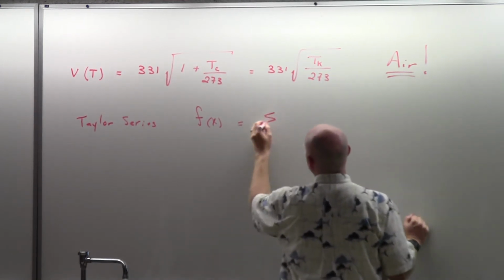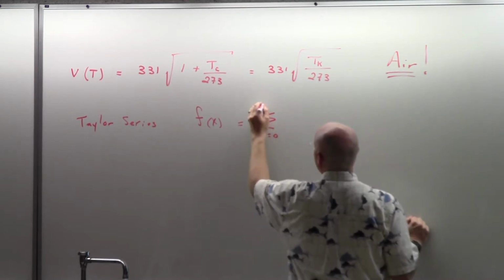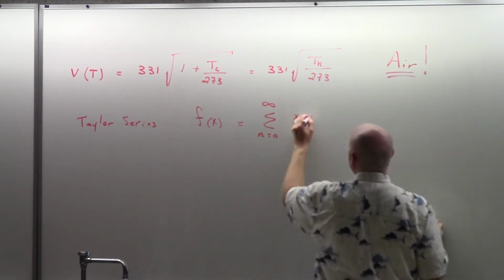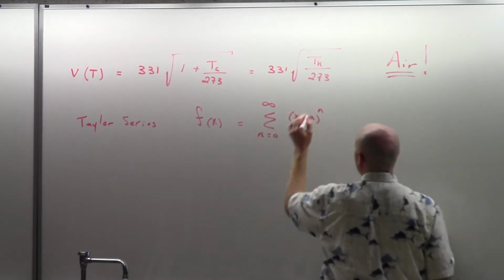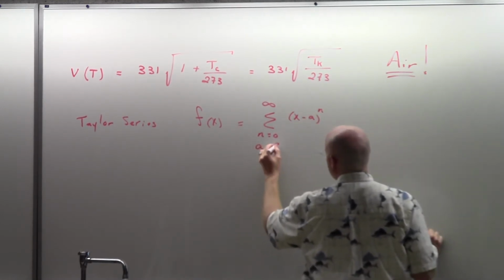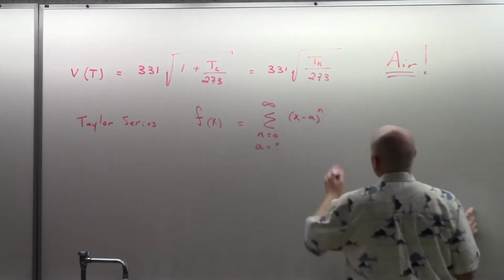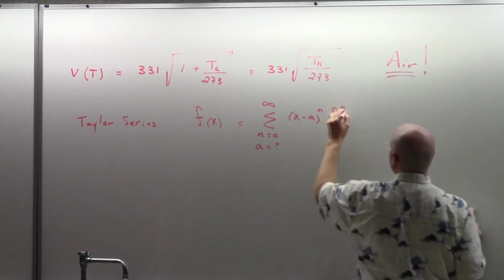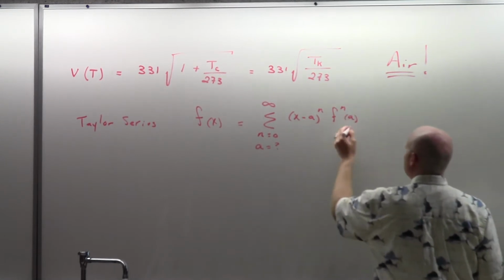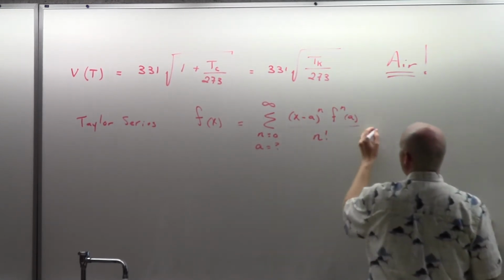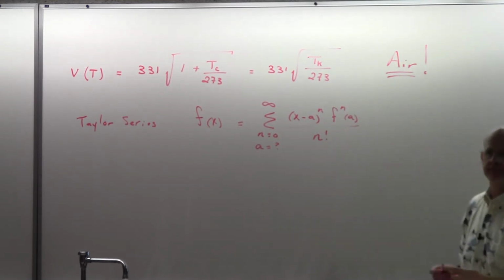It would be an infinite sum of n going from 0 to infinity. Here's the polynomial. You have to pick some value of a, any value you want, as long as the function is continuous at that point. You would then take the nth derivative of the function evaluated at the point a. And so this would be an infinite sum.